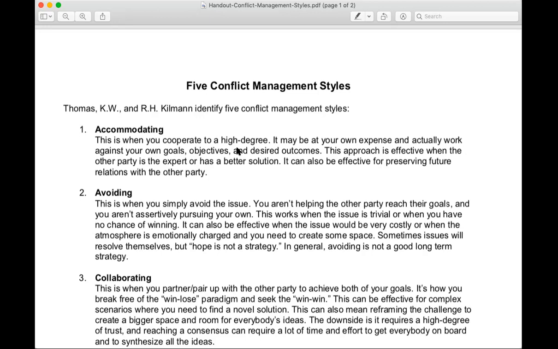People that use avoidance as a conflict solution style, sometimes they think issues will resolve themselves and hope that they will. Avoiding is definitely not a good long-term strategy, as you do and will have conflicts and you need to deal with them as they come.